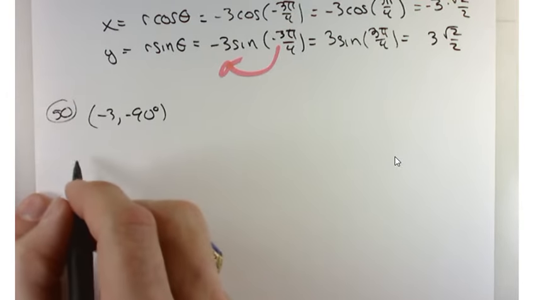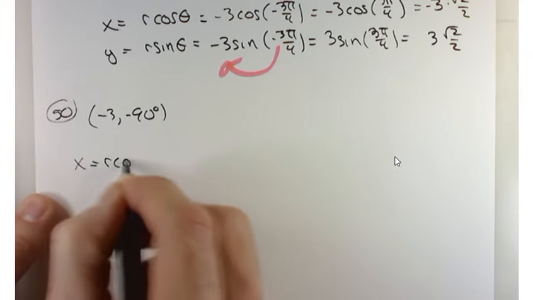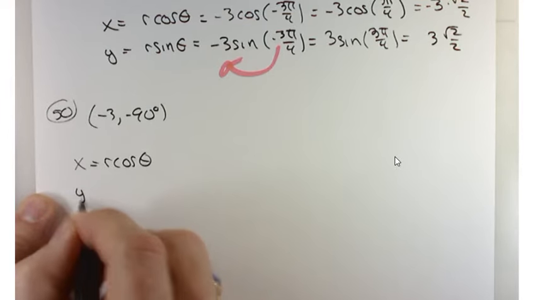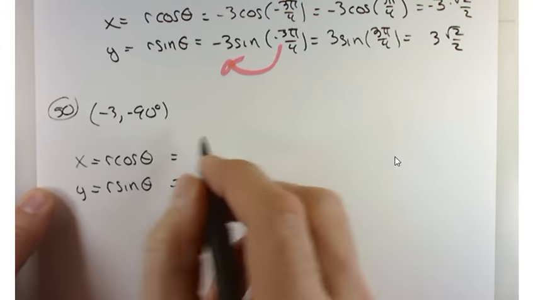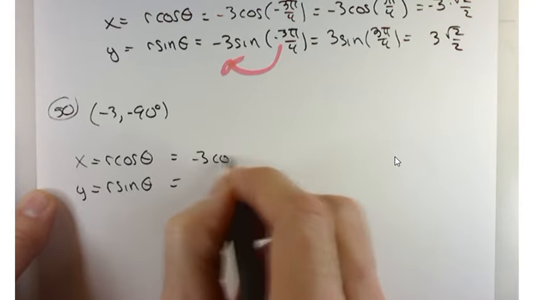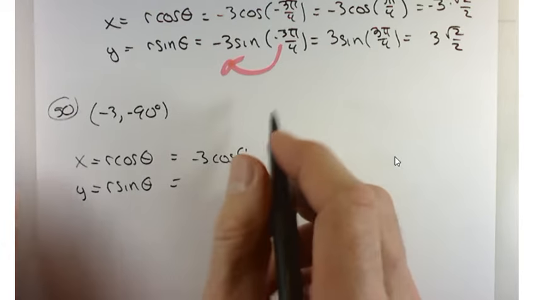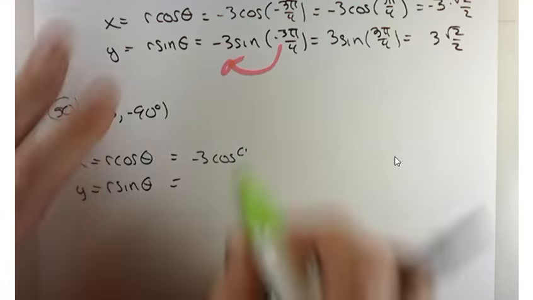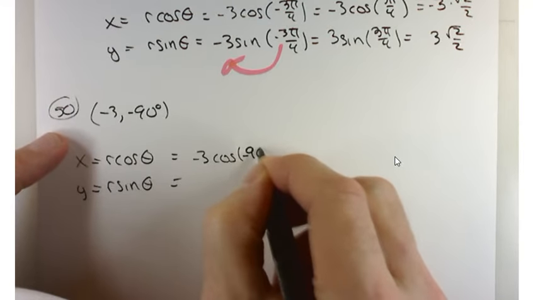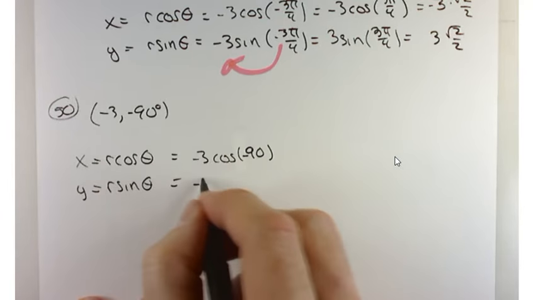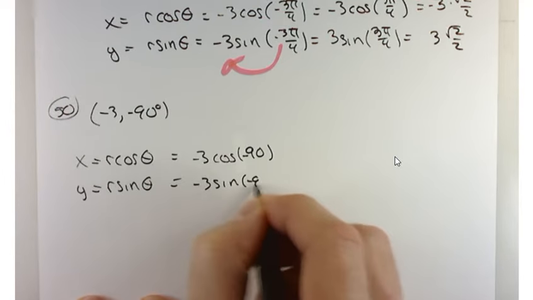So x is r cosine theta, y is r sine theta. So negative 3 cosine of negative 90 degrees, and then negative 3 times the sine of negative 90.